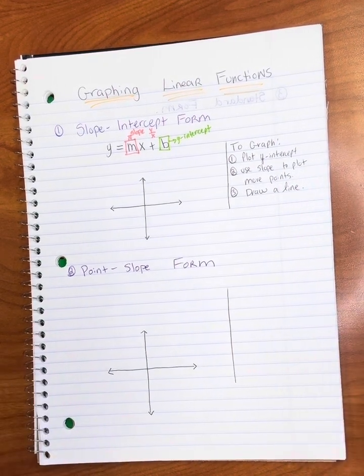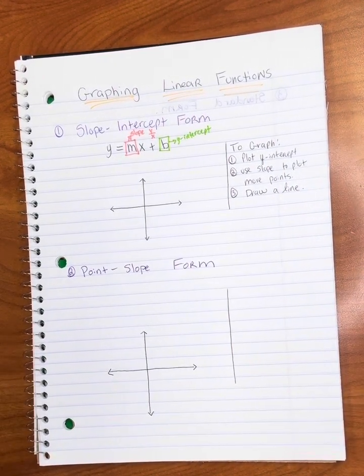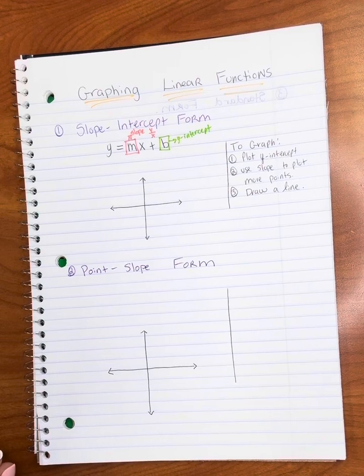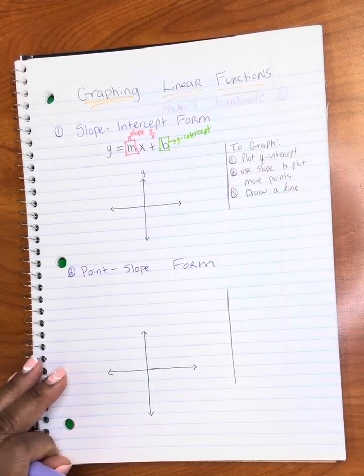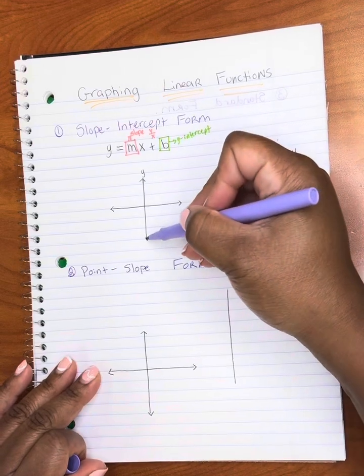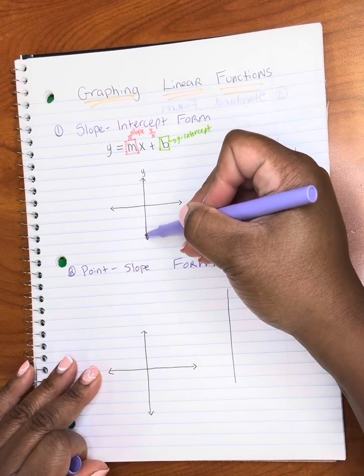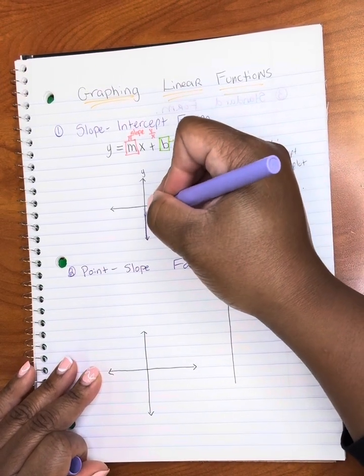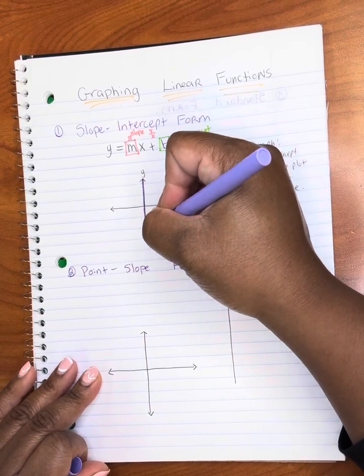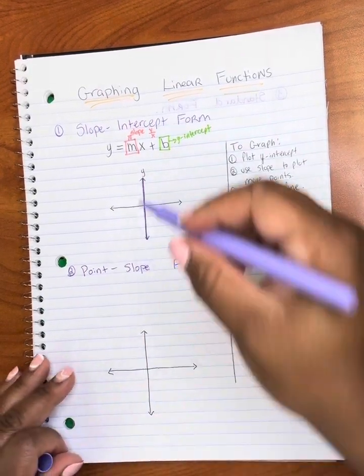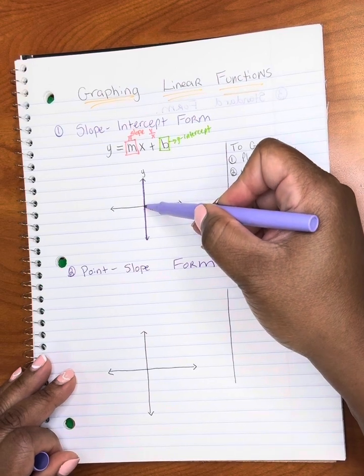So let's remember that when we're referring to our y-intercept, we're talking about that point being on the y-axis right here. Our y-intercept is always going to be on our y-axis, okay? So the 0 for this y-axis is right here in the center.